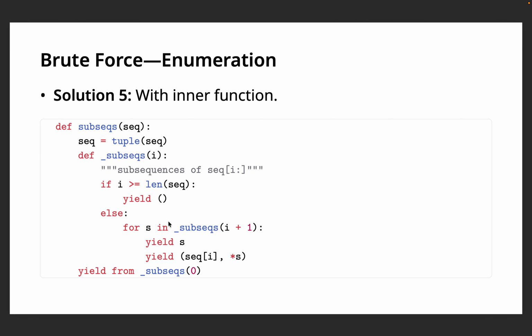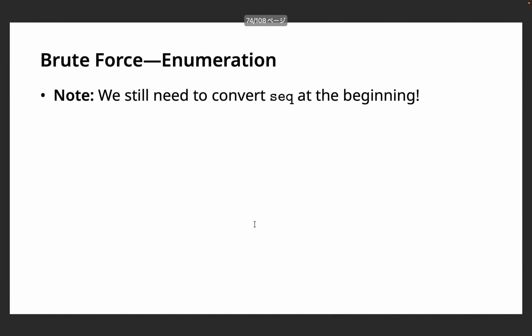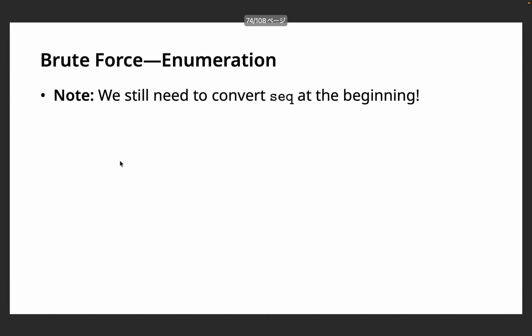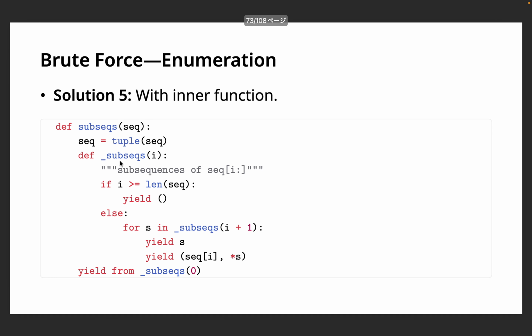So instead of writing subsequences, then sequence, then I, we just write subsequences, then I. We no longer need the first parameter. Same thing for this recursive call over here. We still do the conversion, of course, since we still need to handle generators as always. So yeah, this is now a lot cleaner than our very first solution, but we still can do better.